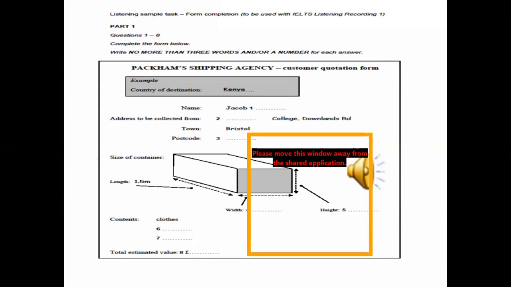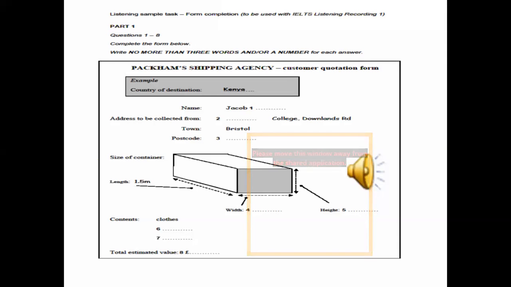And the next one, 0.75 metres. You have to write M, or MTS is also okay. And the height? 0.5 M.